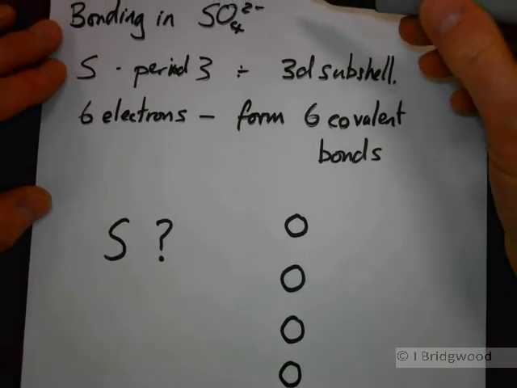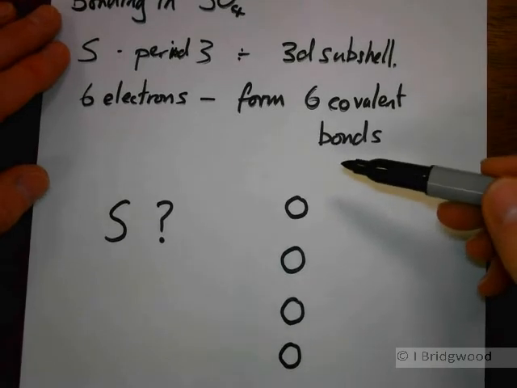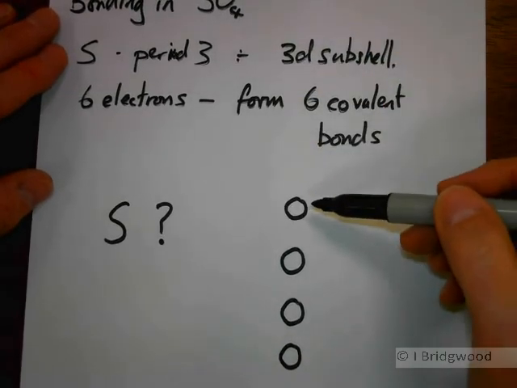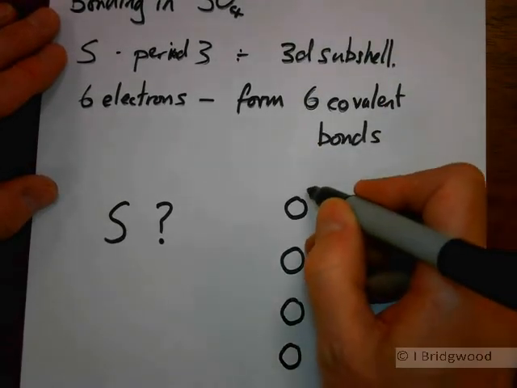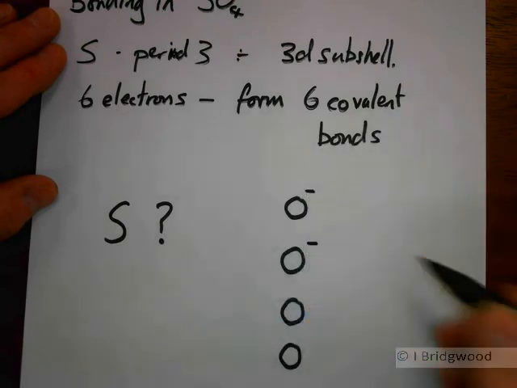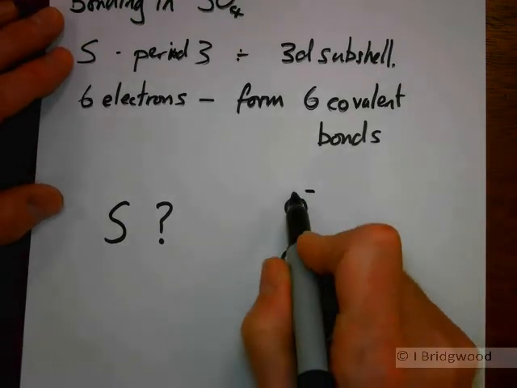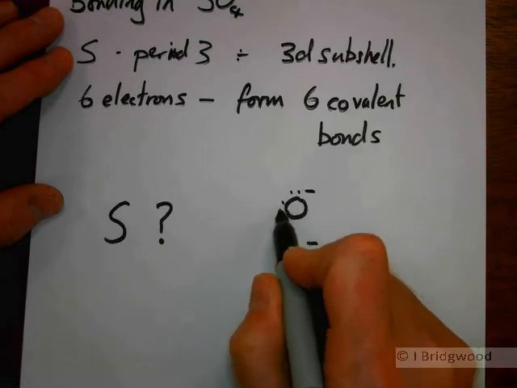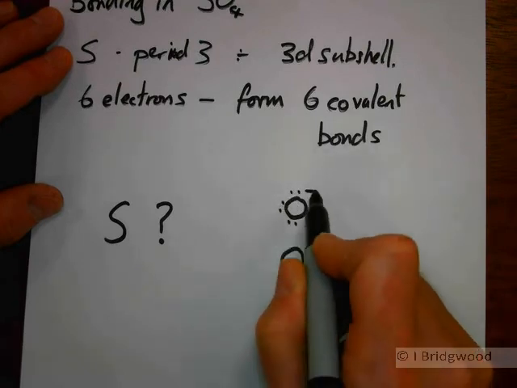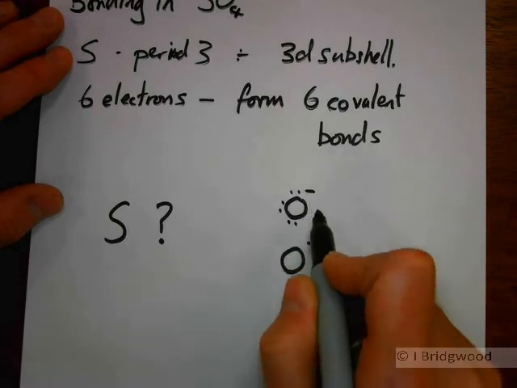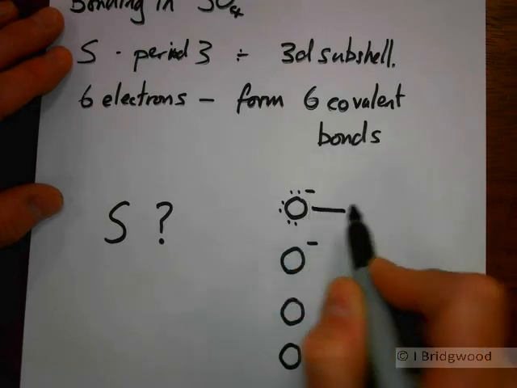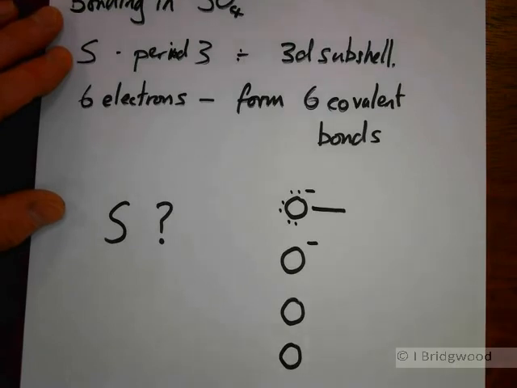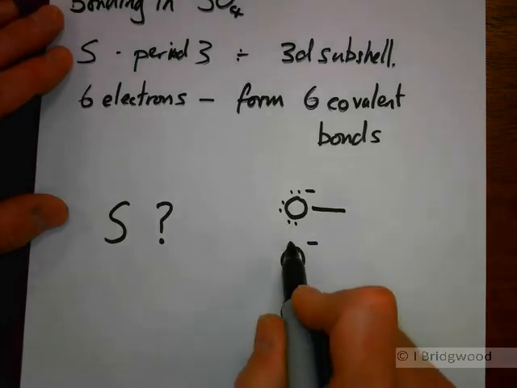Okay. Now we have our 2- charge on the oxygens. So let's put a negative charge on 2 of the oxygens like that. Now that means that this oxygen now has 1, 2, 3, 4, 5, 6, and the extra electron from the negative charge is 7. It means it will only need to share 1 electron with the sulfur to form our single covalent bond.